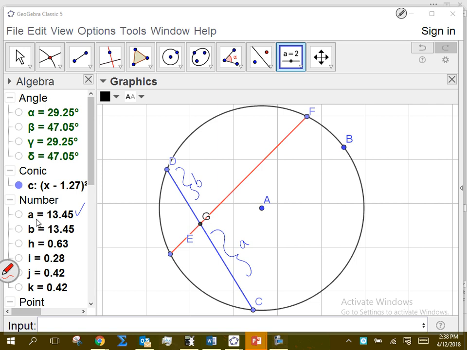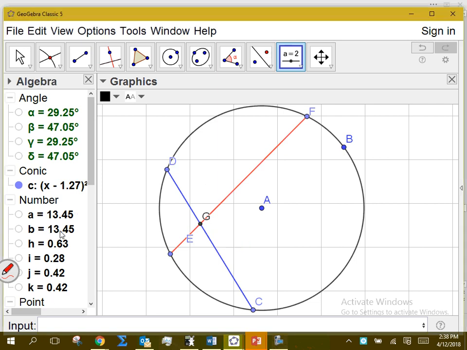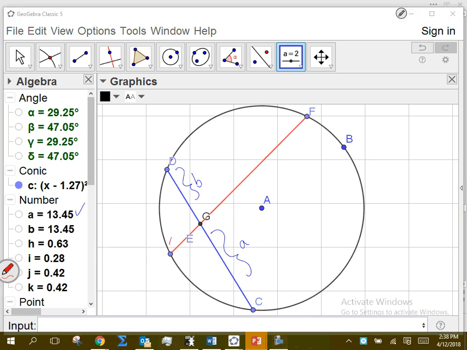If I hover over this one, it should give me EG times FG. EG, maybe in the last slide we called C, and FG we called D. So this number is multiplying C and D together, the 2 red components. What do you recognize about those two numbers? They're equal. So this is saying that A times B and C times D from the last slide equate.